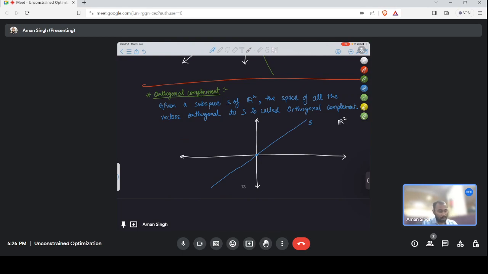What are the vectors which are perpendicular to this? This is perpendicular, this is perpendicular. A set of all these vectors will be a line which is perpendicular to S and passes through the origin. So this is the orthogonal complement. T is the orthogonal complement of S.